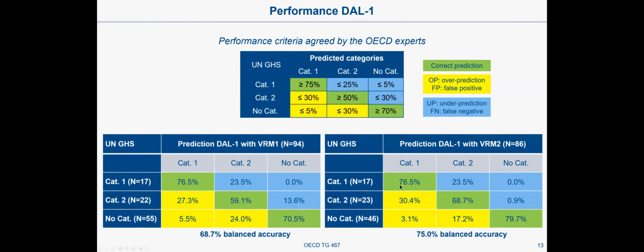Then for the cat 1, the correct prediction rate was 76.5, the same as DA1 with VRM1. Here the prediction is based on the BCOP opacity. For the category 2, we have almost 68% correct. And for the no cat, we have almost 80% correct, resulting in a balanced accuracy of 75%.